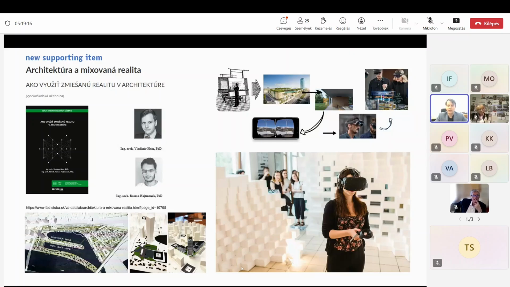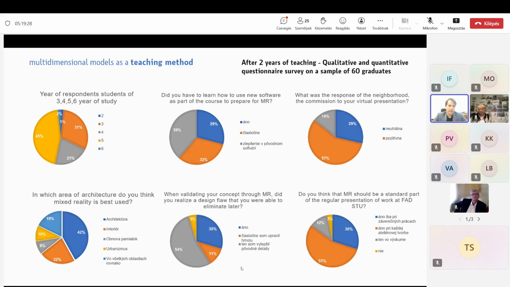There is one chapter for that, and since that time they also focus on industrial heritage in each of their design studios. We also made a questionnaire after 2 years of using this model, and the answers were very positive.